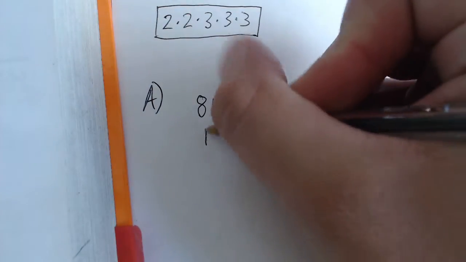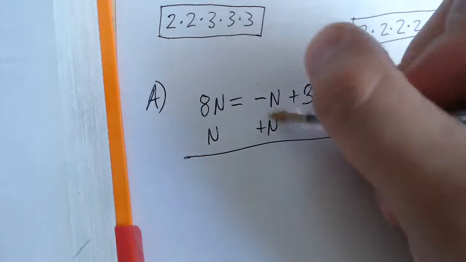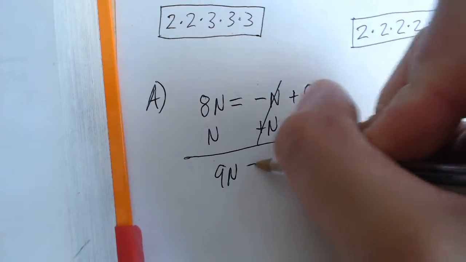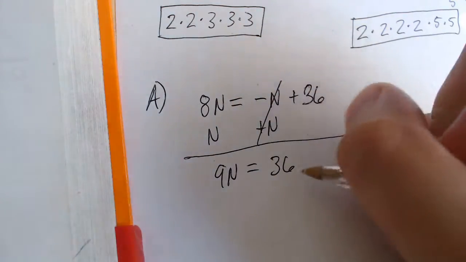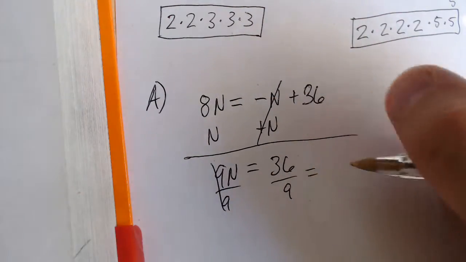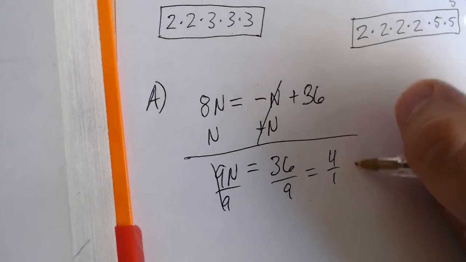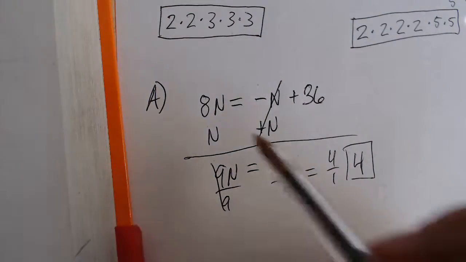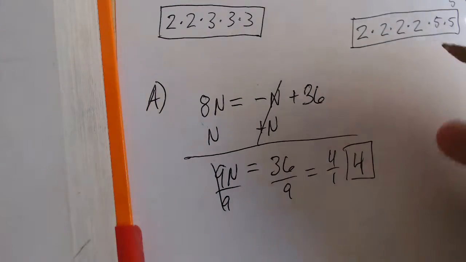Now that we have our equation, we'll go ahead and solve. Add n to each side to get all the n's grouped together. 8n plus n gives us 9n. 9n equals 36. We divide by 9. And that's going to reduce to 4 over 1, or just 4. Now we have to check our answer 4. We're going to rewrite this equation, inserting 4 for all the n's.